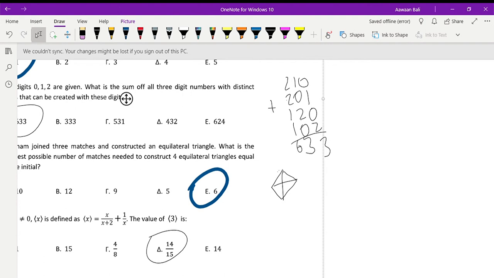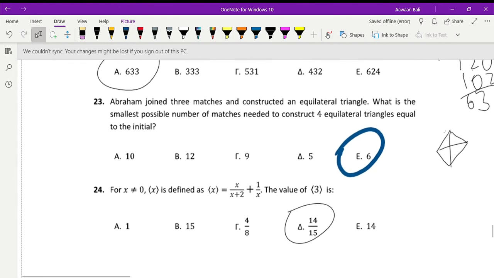For the hundreds digit, we know that it will end in 1 two times and end in 2 two times, because we have 2 possibilities for it starting in 2, and 2 possibilities for it starting in 1. So you can directly get 633 like that. So the answer is alpha 633.